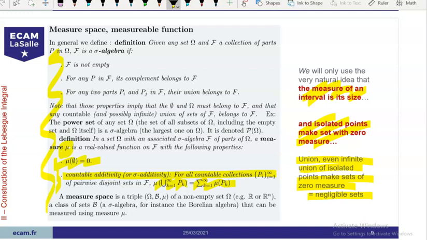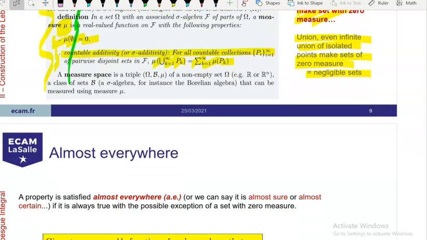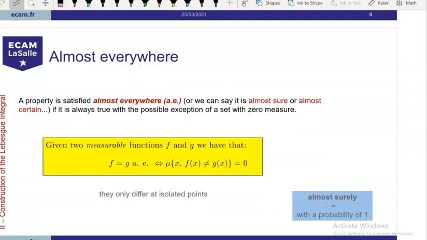That's the definition. Okay, so again, this whole paragraph on measure, you don't need to know. It's just for your culture if you want to have a look at how we can define some very abstract ideas like this. So from this negligibility idea, we can derive the almost everywhere concept.